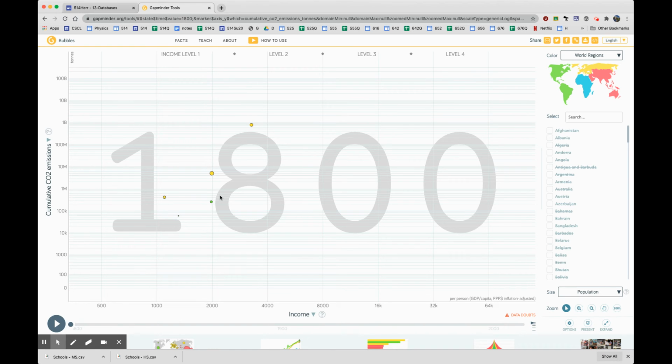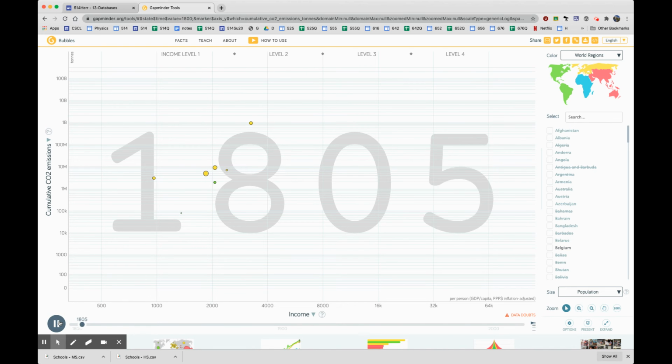But this is prior to really the main part of the Industrial Revolution. And so we can see that these values up here in terms of carbon dioxide are at 100,000 cumulative tons. When you get up here, where the numbers grow, this becomes 1 billion, 10 billion, 100 billion, and so forth. So this is not a linear scale. So you're helping your students learn how to read the scale.